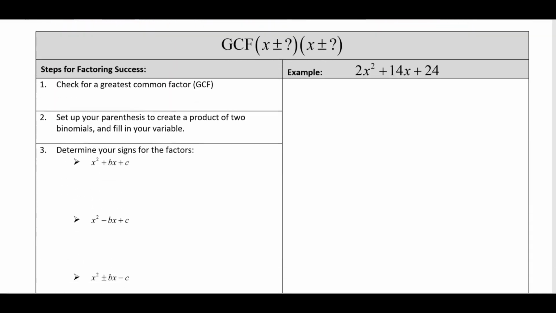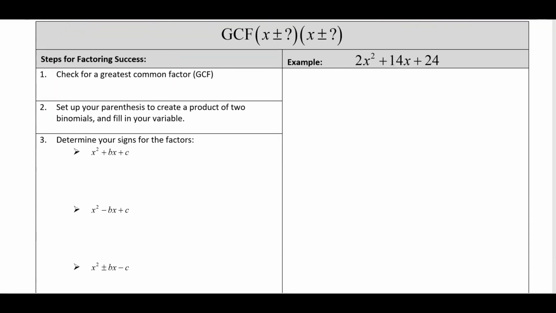So down here, we're going to look at the steps for factoring success. The very first thing you should always do is factor out your greatest common factor. So looking here at my example, 2x squared plus 14x plus 24, hopefully you notice that our greatest common factor is 2.